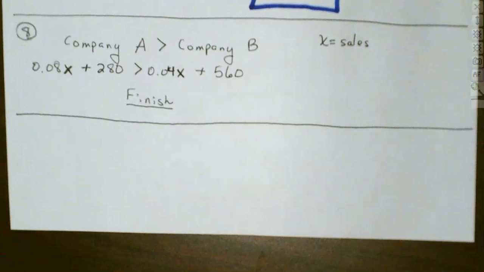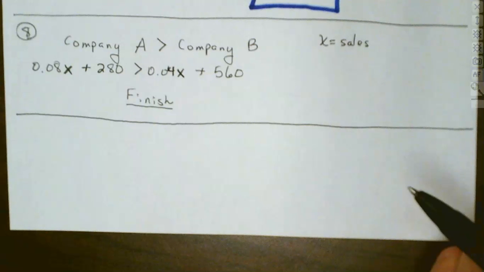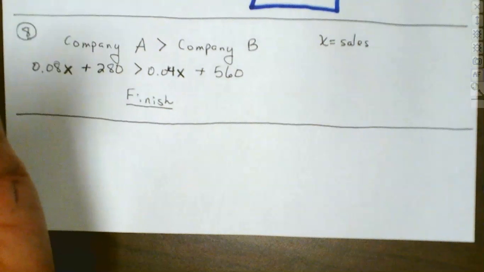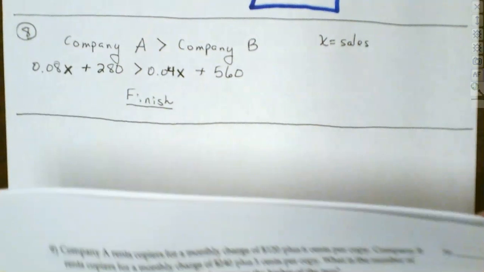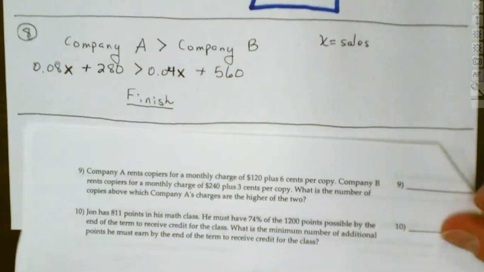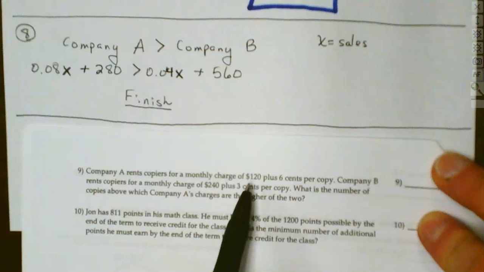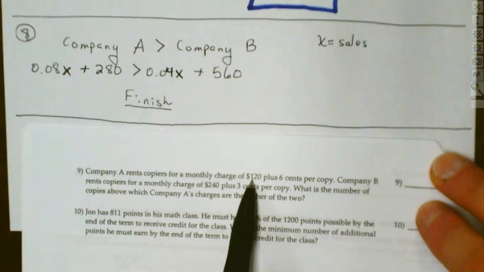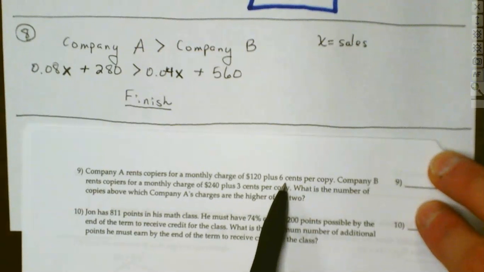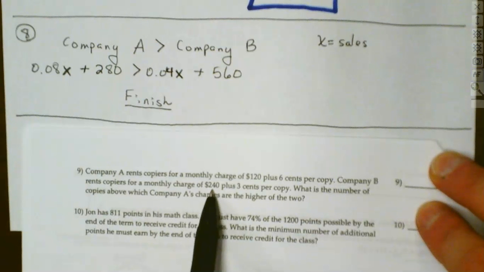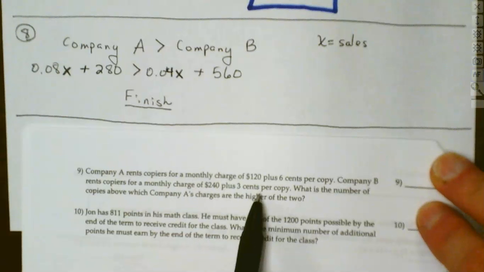Now, what about 9? With 9, we're looking at rental on a copy machine. So company A rents copiers for $120 a month plus 6 cents a copy. Company B rents the copiers for $240 plus 3 cents a copy.